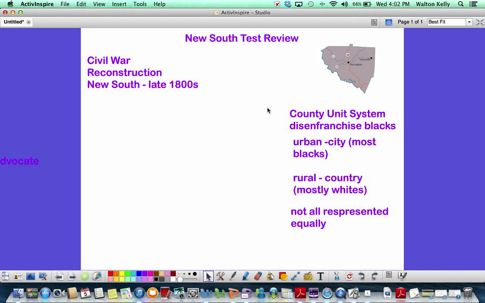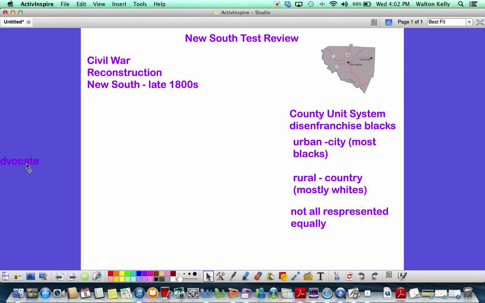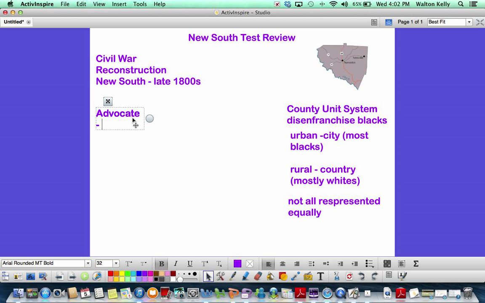The white people. All right, next word I want to bring to your attention came straight off the test, and it came straight off the review, and it was the word advocate. And we know an advocate is just someone that supports you or helps you out. So it's actually a supporter.